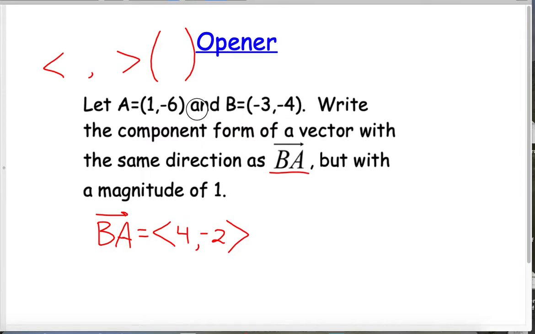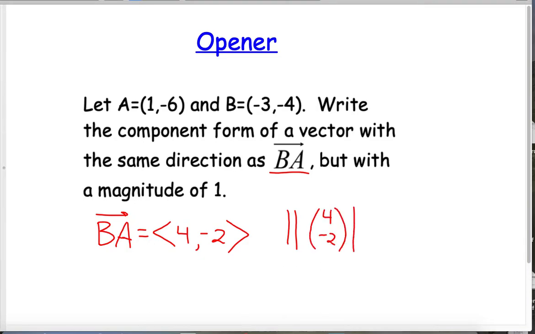All right, let's get rid of all this extra stuff here. Okay, so obviously this has a magnitude. I'm going to write the vector the other way, (4, -2). The magnitude of this vector is going to equal the square root of 20, or 2√5. And so we want it to have a magnitude of 1, so what are we going to do with that?